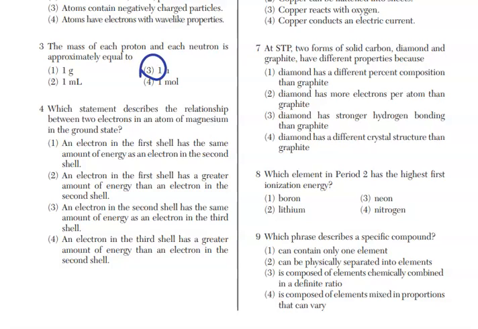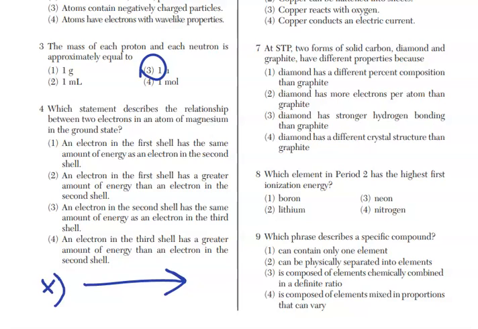For number 4, which statement describes the relationship between 2 electrons in an atom of magnesium in the ground state? Well, it turns out that for any atom, if I make an X and that's my nucleus, as the electrons are farther and farther away from the nucleus, they have more energy.